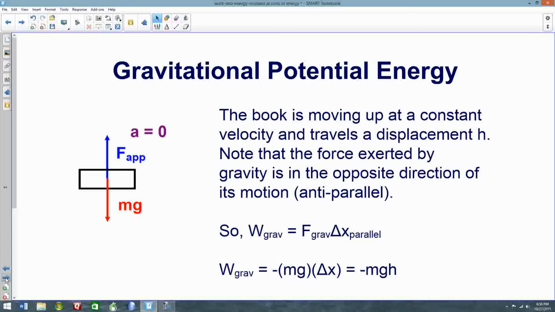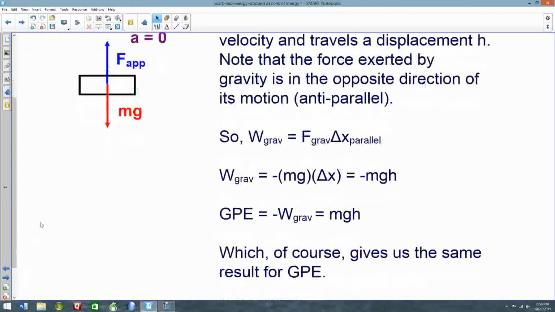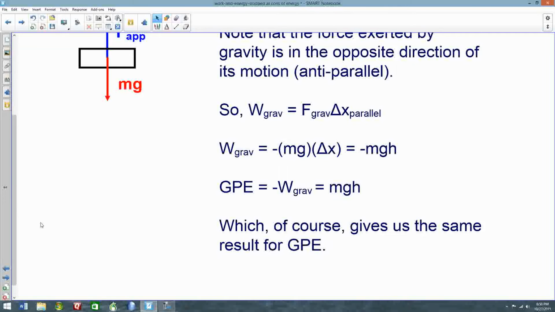Note that the force exerted by gravity is in the opposite direction of its motion. It's anti-parallel. So the work done by the force of gravity is actually going to be negative mgh. The gravitational potential energy is negative the work done by gravity. So therefore you see we have mgh, which of course gives us the same result as the previous example.